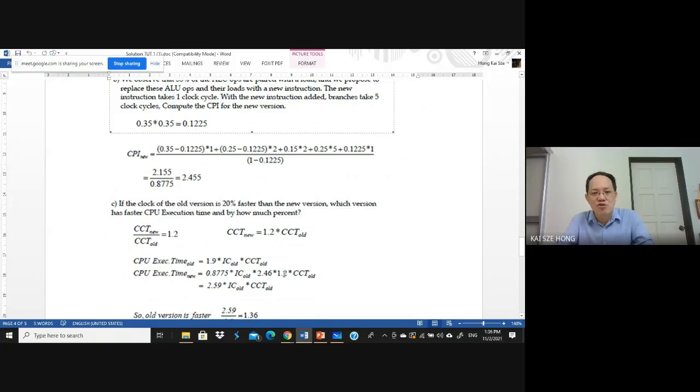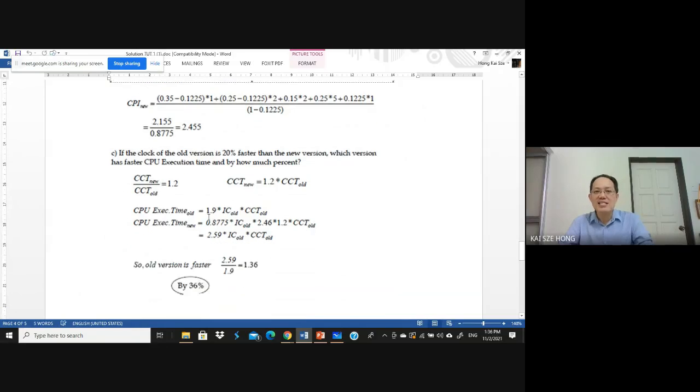Then multiply by 1.2, because now you have to use 20% more time for your new version. So you get 2.59 multiplied by ICO multiplied by CCTO. In this case, you can see that the old version is definitely better, faster by 1.36, which is 36%.